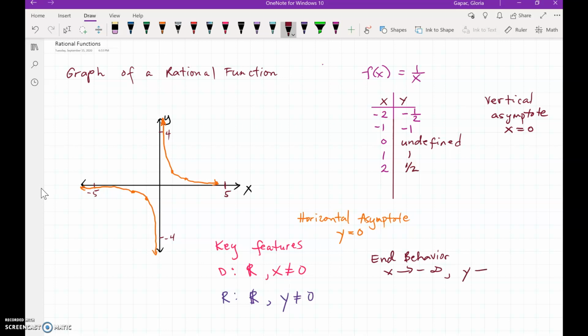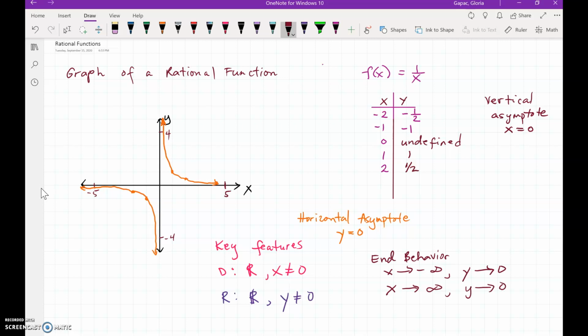Yes, y is approaching 0. It's not going to be 0 because we don't have an x-intercept here. It's just getting closer and closer to 0. And then on the other side, as x approaches positive infinity, the y is also approaching 0.